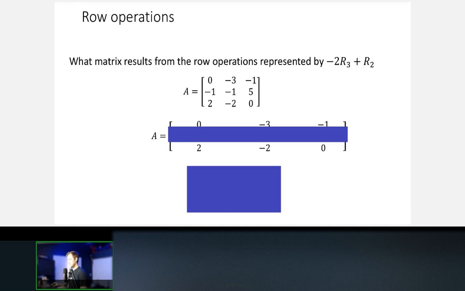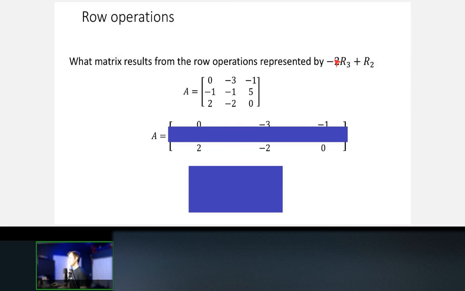So in my answer, I am going to uncover just row 1 and row 3. And now we have to do the math. Now remember, this is just temporary. Even though we're doing -2 times row 3, it doesn't mean we're going to change it permanently. We're just doing this math to then combine with row 2, because row 2 is what's changing.